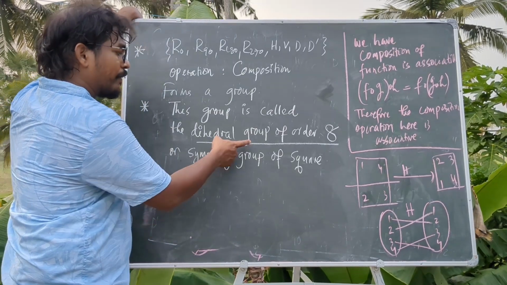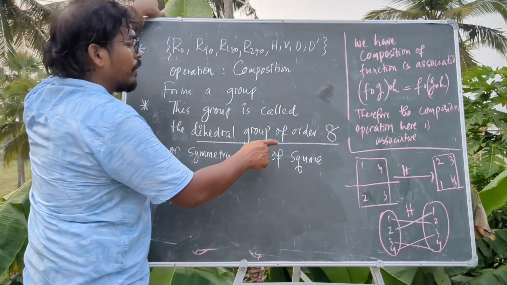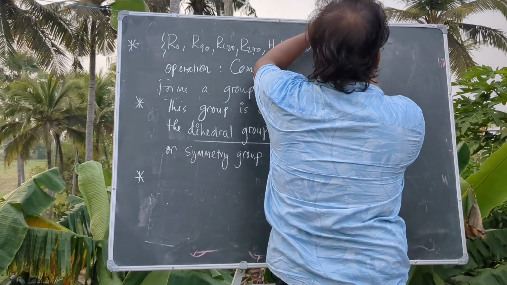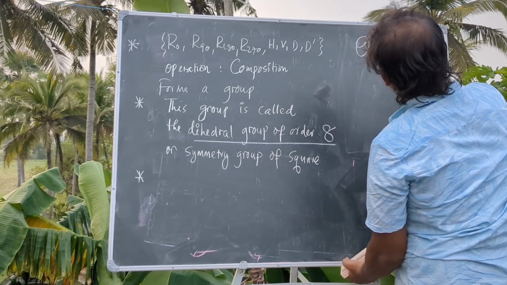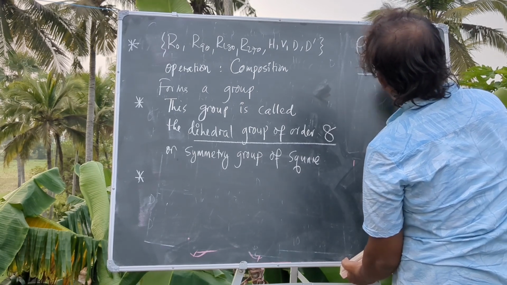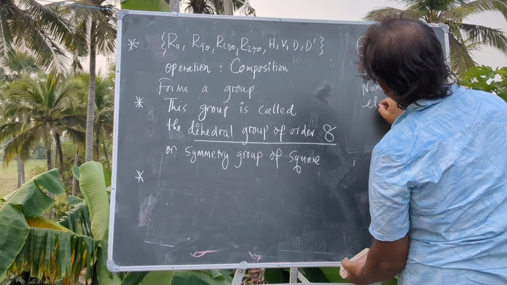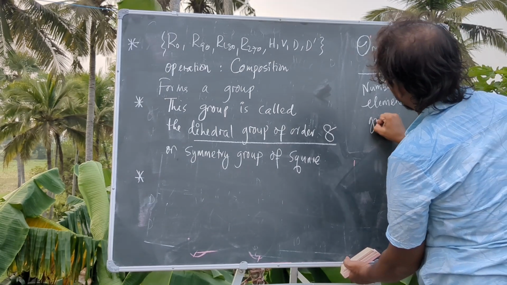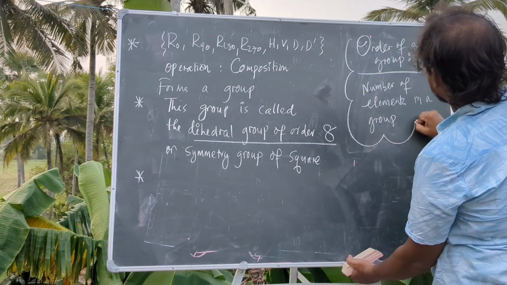What is order 8? The name is dihedral group, and order means the number of elements in the group. Order of a group means the number of elements in the group.